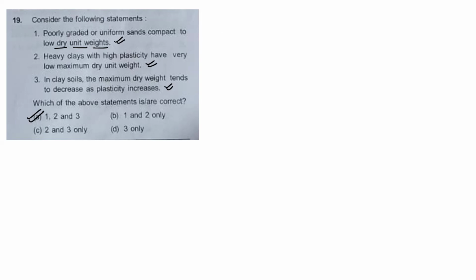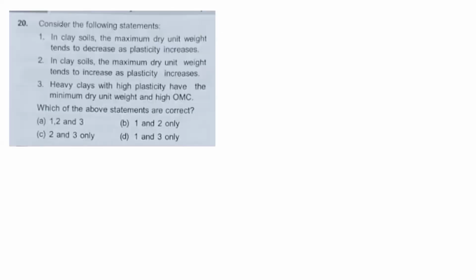So question number 20. Consider the following statements. In clay soils, the maximum dry unit weight tends to decrease as plasticity increases. Yes, same statement as question number 19. So this is a correct statement. In clay soils, the maximum dry unit weight tends to increase as plasticity increases.